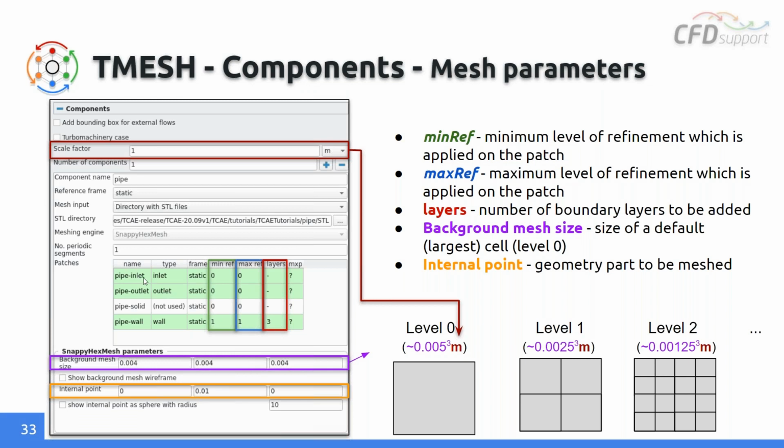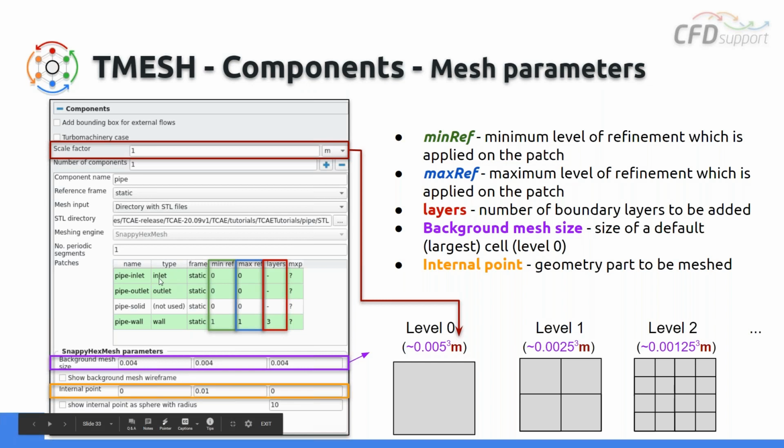And for each part of the geometry, we define the level of refinement. So we are not defining the proper sizing of the cells, but the refinement with respect to the basic cell size. We call it the cell with level 0.